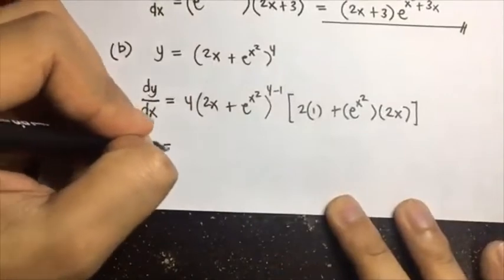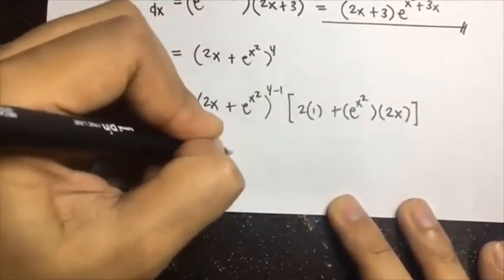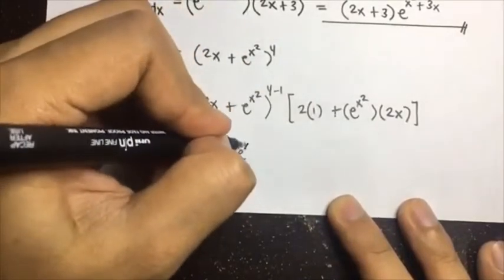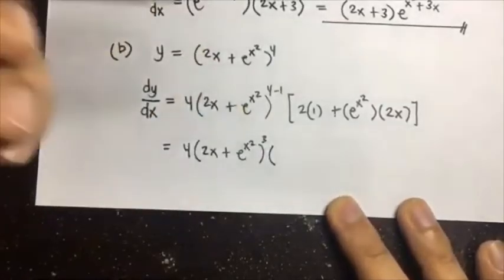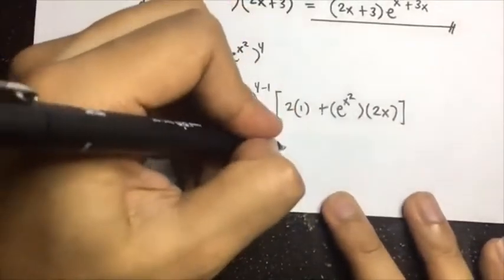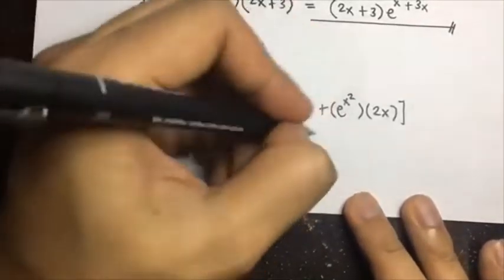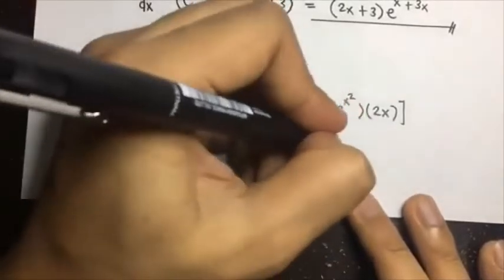So the derivative is 4 times (2x plus e raised to x squared) raised to the power of 3 multiplied by, simplifying this, 2 plus 2x e raised to x squared.